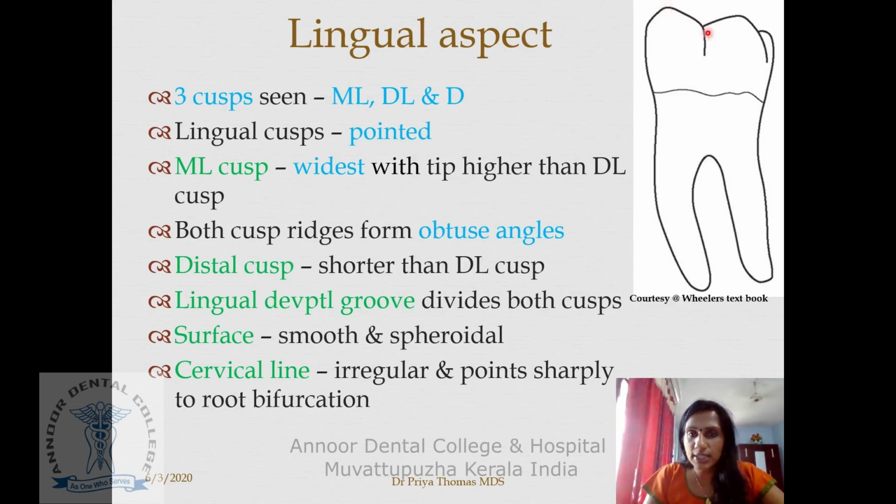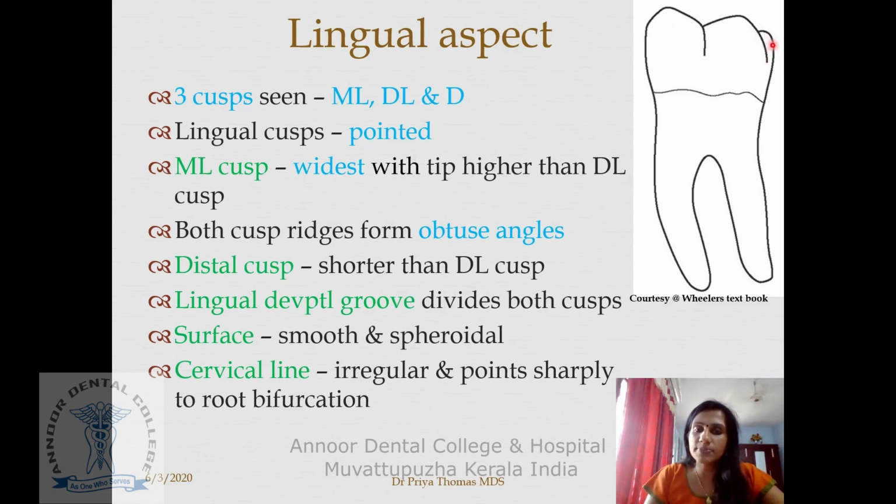And if you see the cuspal slopes, they are placed at an angle towards each other, and the angle is more obtuse. The distolingual cuspal ridge has a greater obtuse angle than your mesiolingual cuspal ridge.